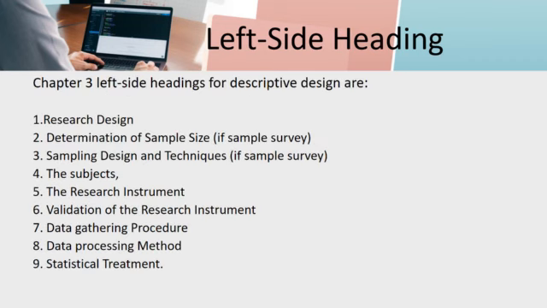Chapter 3 left side headings for descriptive design are number 1, research design; 2, determination of sample size if sample survey; 3, sampling design and techniques if sample survey; 4, the subjects or the respondents; 5, the research instrument; 6, validation of the research instrument; 7, data gathering procedure; 8, data processing method; and number 9 is statistical treatment.